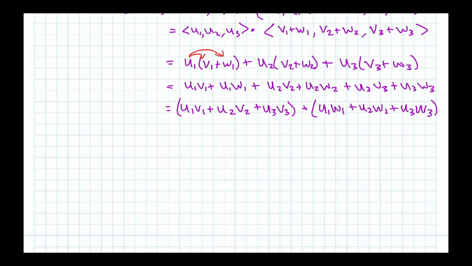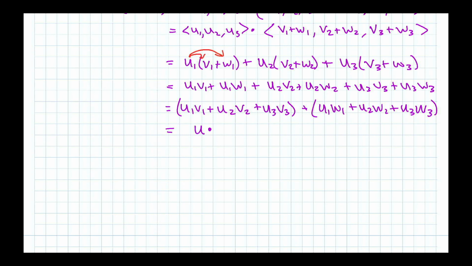And then if you look at this result, you can see that this entire thing that I put in parentheses is the dot product of U and V, right? U1 V1, U2 V2, U3 V3, that's the dot product of U and V by definition.